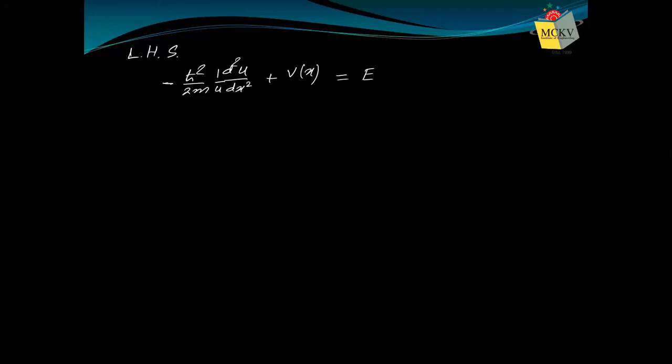That constant is energy. This equation is called the time independent Schrodinger's equation, because now there is no time involved here.